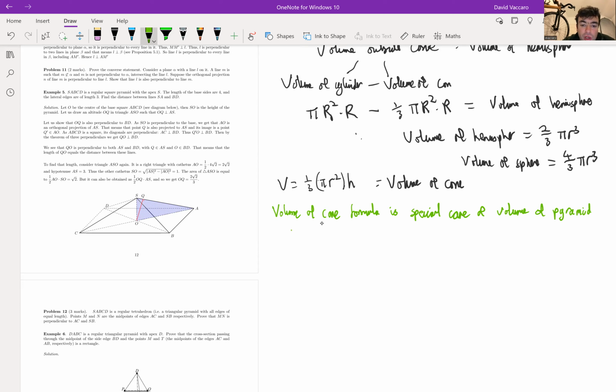Okay, and the volume of a pyramid is 1/3 base area times height.